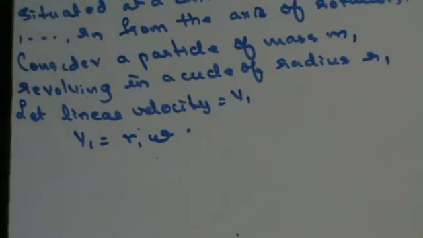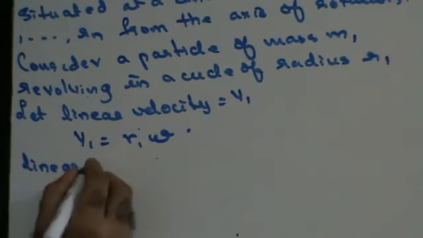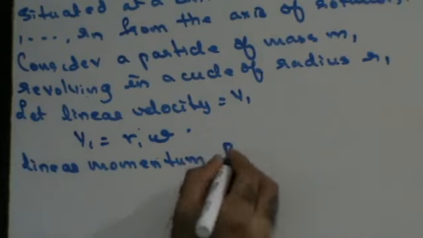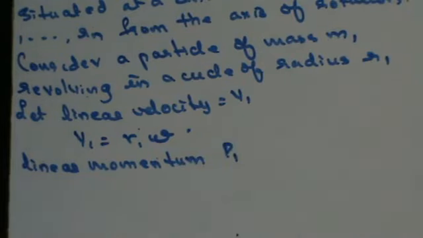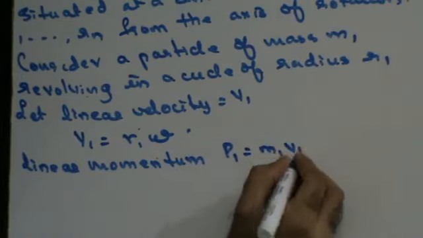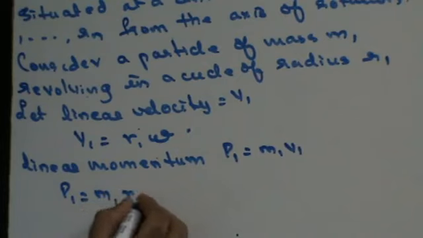That's my relationship between linear velocity and angular velocity. Now linear momentum P1, momentum is nothing but the product of mass and velocity, so that is going to be m1 v1. So m1 r1 omega. Fine, do we get this thing clear?